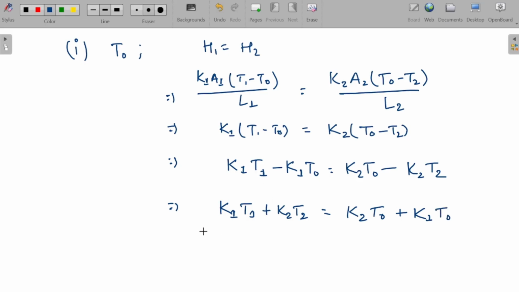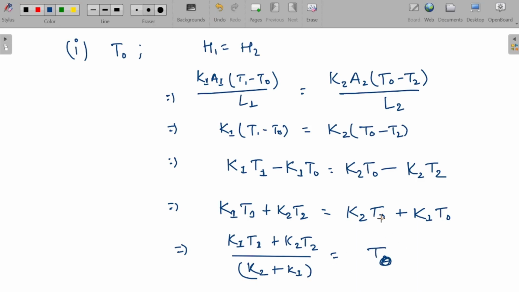You can do it by yourself. This is an easy one. So here we have T naught equals K1 T1 plus K2 T2 divided by K2 plus K1. Okay, I'm writing it directly because once we take T naught common here, there will be K2 plus K1 as a factor, and then we can transpose that to this part.